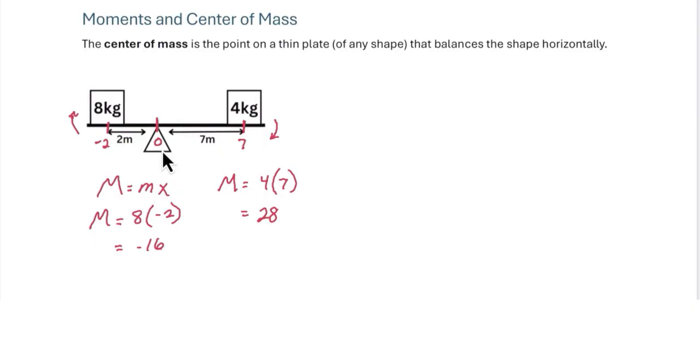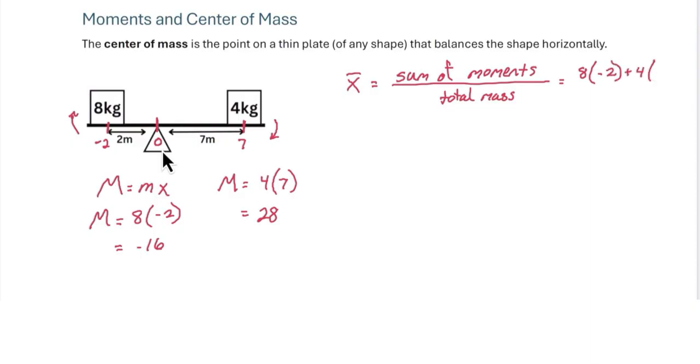To do that, we will find the center of mass, x bar. To calculate that, we will find the sum of the moments and divide that by the total mass. We now have 8 times -2 plus 4 times 7 divided by the total mass, 8 plus 4.